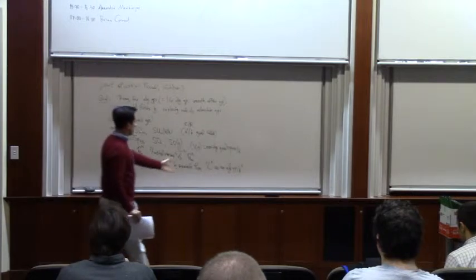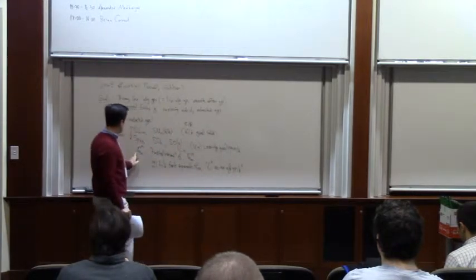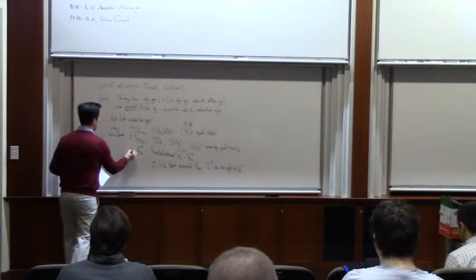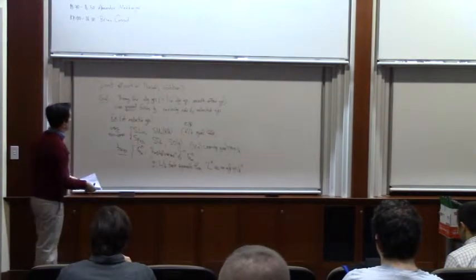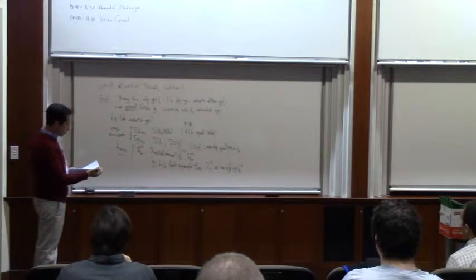Okay? So groups of units of separable field extensions give you twisted versions of this. So these we call tori. This is called a torus. Okay? So these are the basic classes of reductive groups.